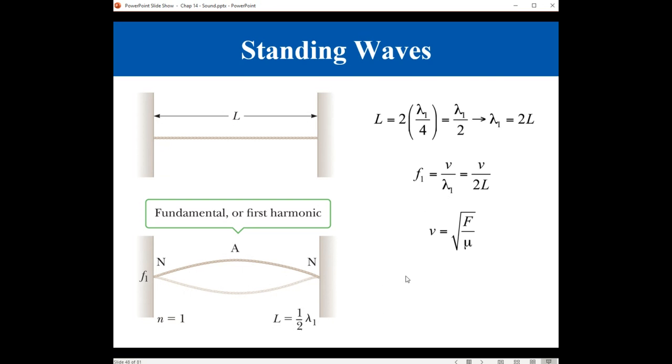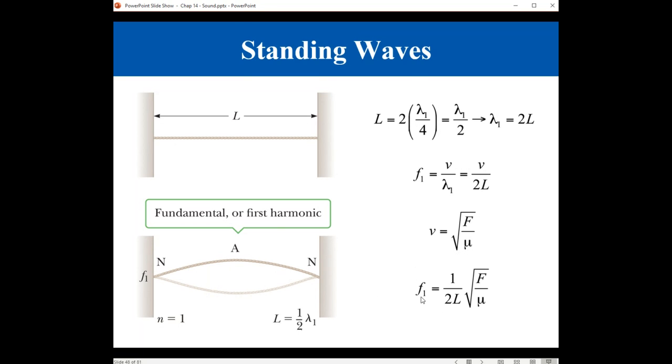On the other hand, the velocity of sound along the string is defined by the tension force divided by the linear mass density, the density per unit length. So we can substitute this value for the velocity in this equation in order to get this equation for the frequency.